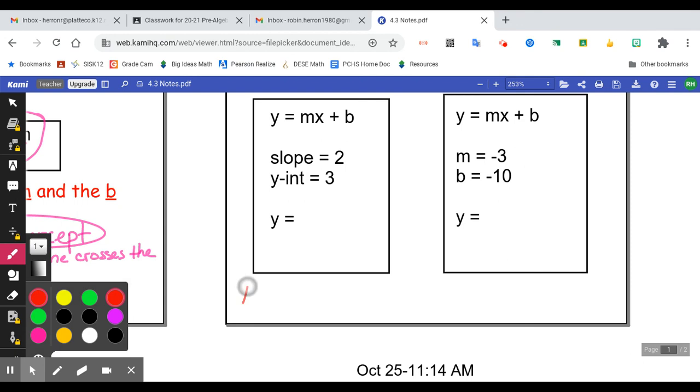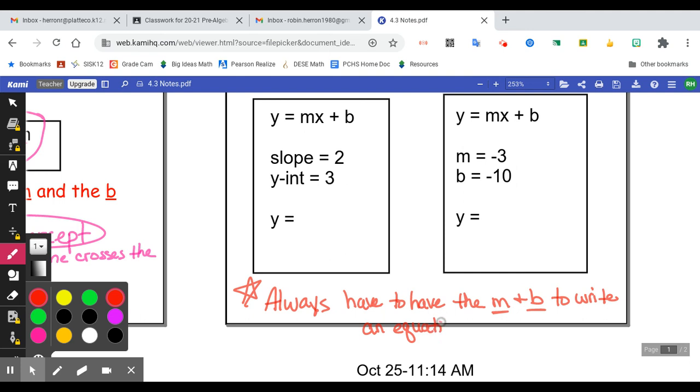So for this part, you always have to have the m and the b, the slope and the y-intercept, to write an equation in slope-intercept form, okay? So have to have those two things, all right?